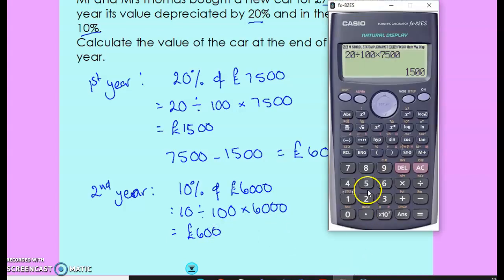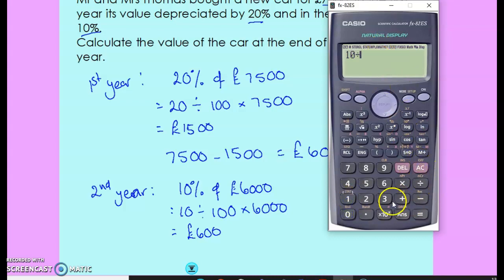Which would be 600. Again, that doesn't mean the car is now worth £600. That wouldn't be very good. It means the car has... what have I done wrong? Oh look, I've put an extra zero in here.